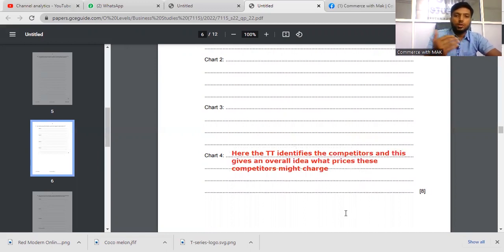So I have explained chart 1, chart 2, chart 3, and chart 4. When the company knows how much the competitors are actually charging, that will help the company to set their own price in the market.